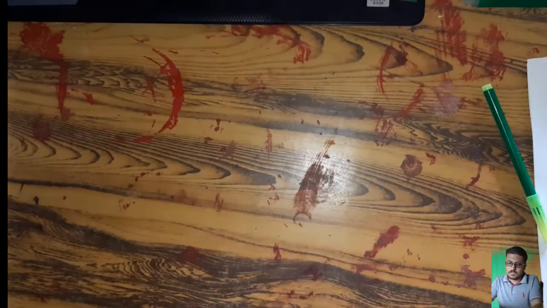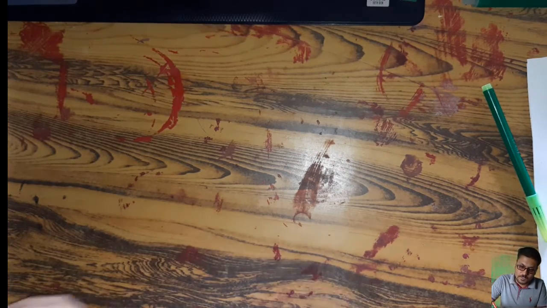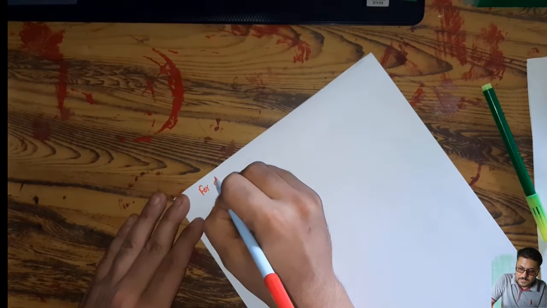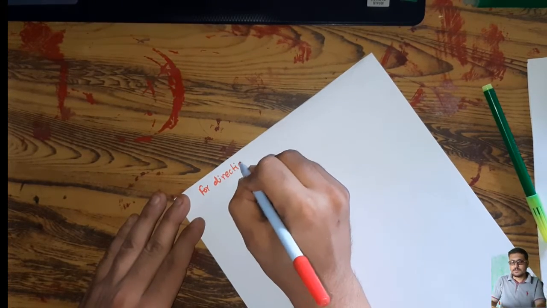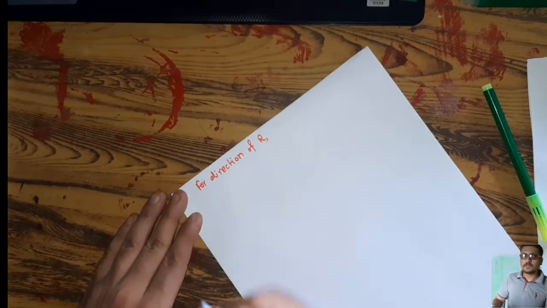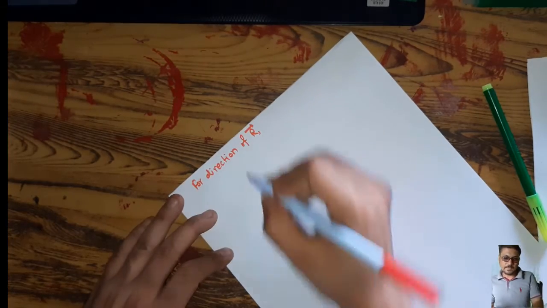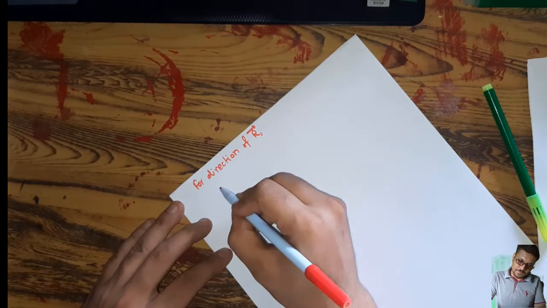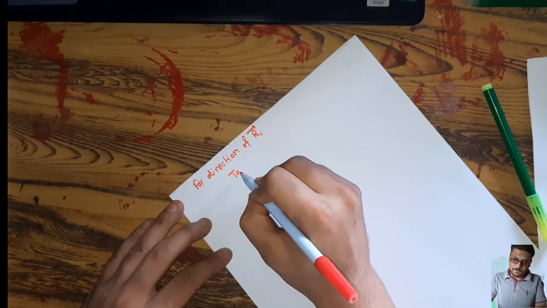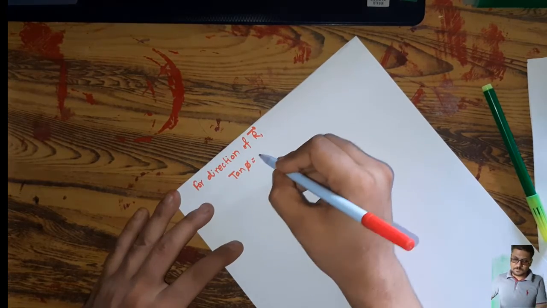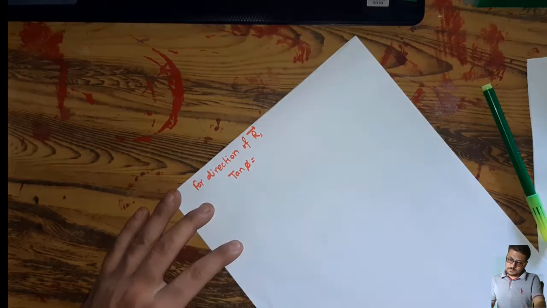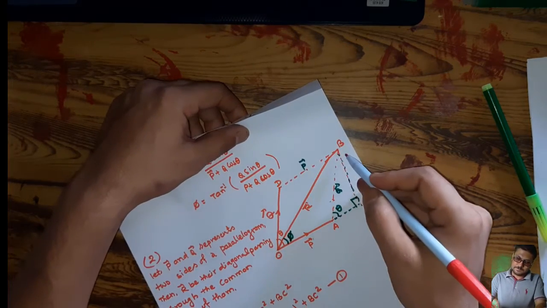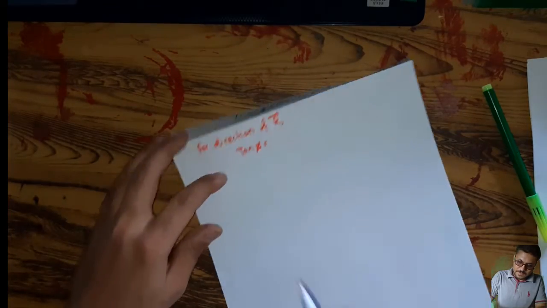Now again, for the direction of this vector R, we can solve by tan phi is equal to BC by OC.